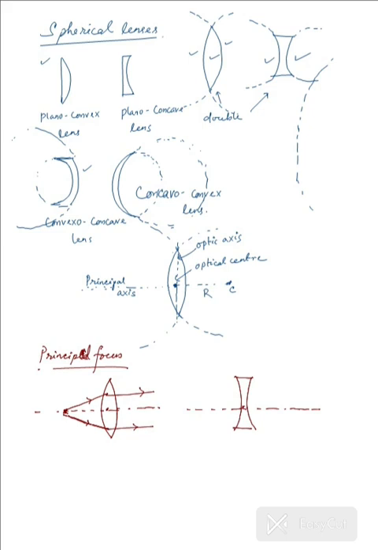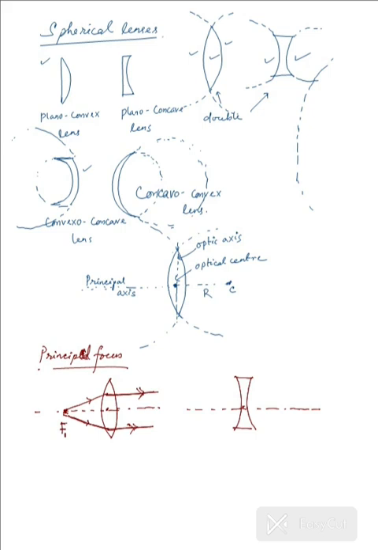So now they are refracted, and they are refracted parallel to the principal axis and with respect to one another as well. So that is the case of principal focus. This is termed as the first focus in case of the convex lens.